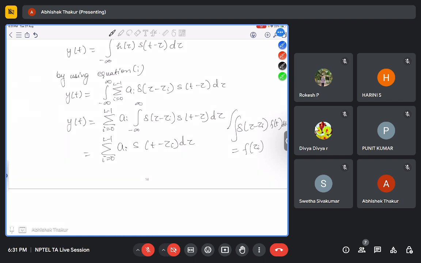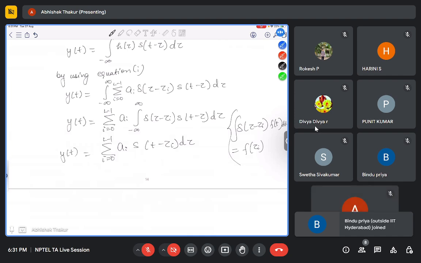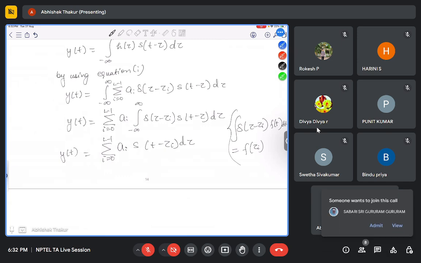Using this concept, we get our received signal as the summation of the attenuation factor a_i into the transmitted signal s with delay tau_i.